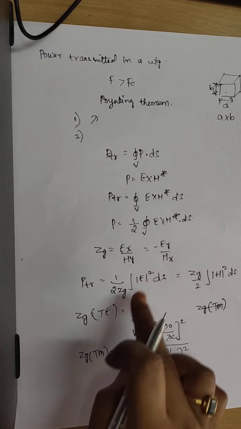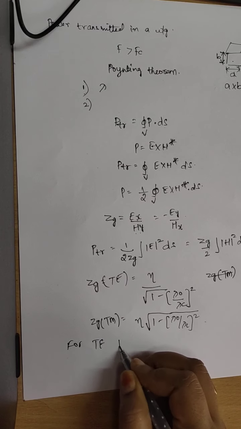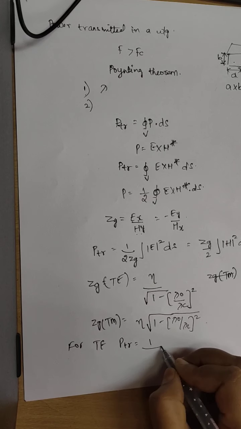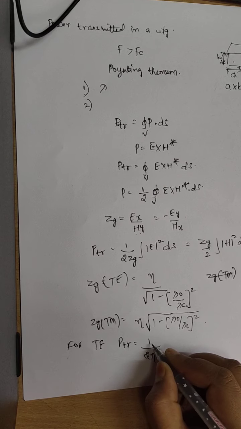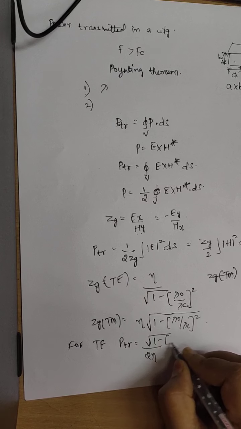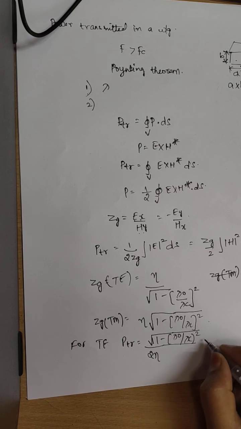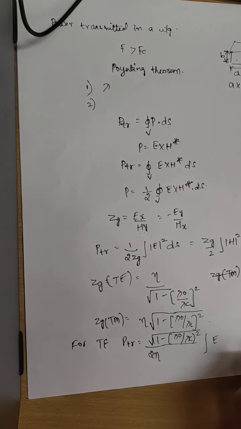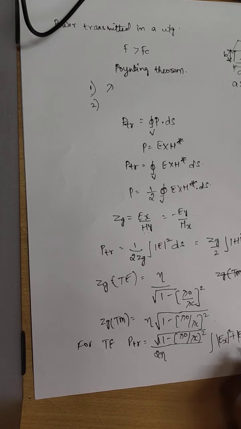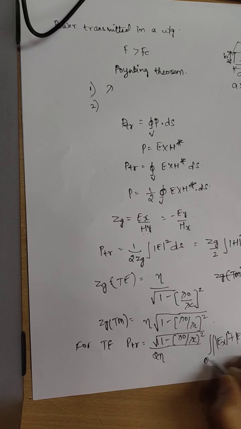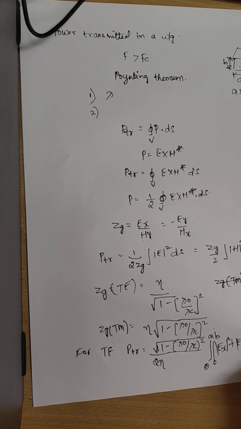For TE, the power transmitted is given as 1 by 2 times eta by the square root of 1 minus lambda naught by lambda c whole square, times the integration of the electric field, mod Ex square plus mod Ey square, with x from 0 to a and y from 0 to b, dx dy.